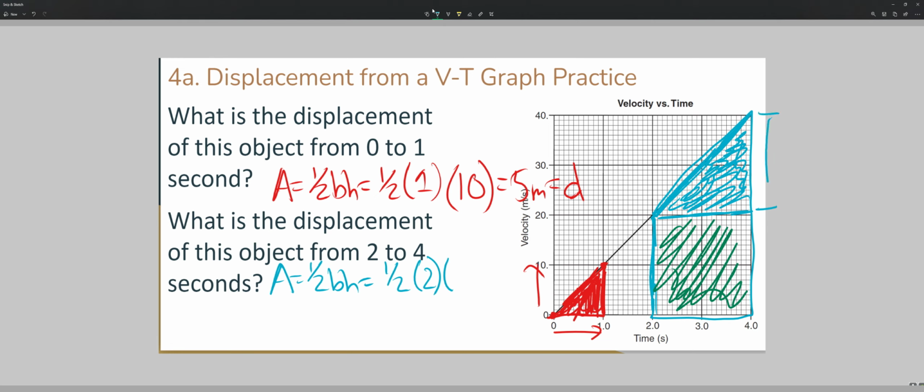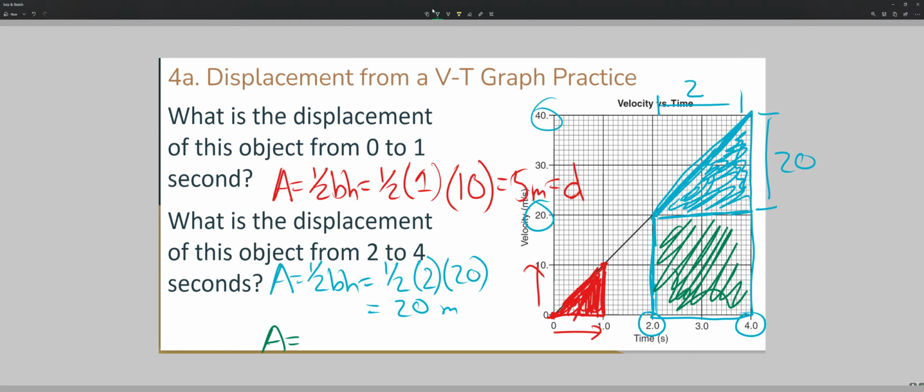My height would be 40 to 20, so if you take a look at your y-axis, my height is 20. And you would get 20 meters here. Now let's do the square.